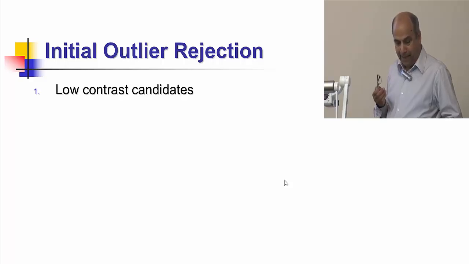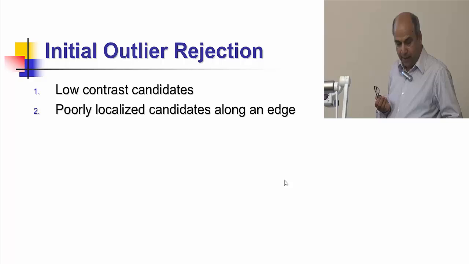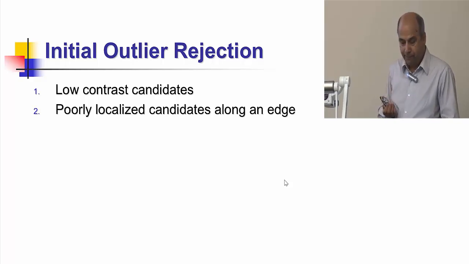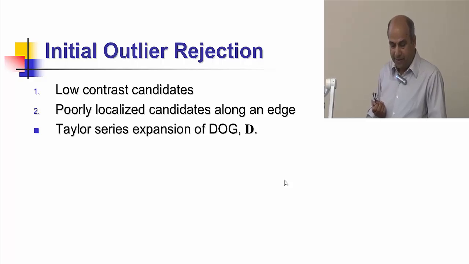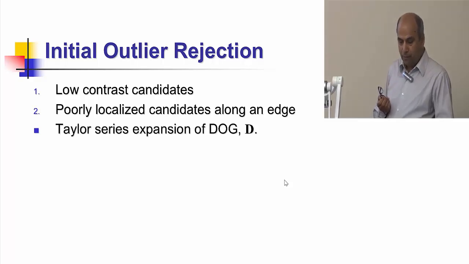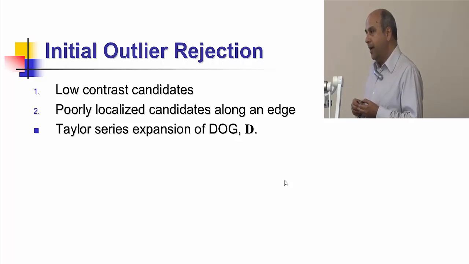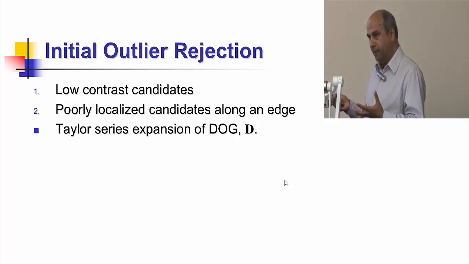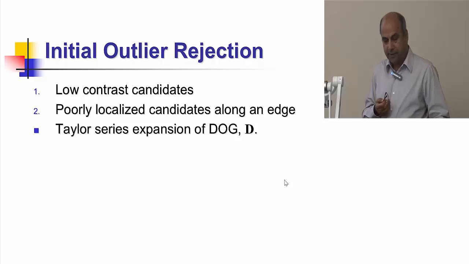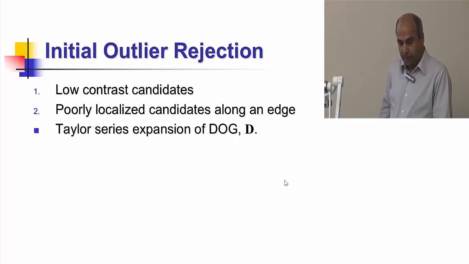They can be due to low contrast, or poorly localized candidates along the edge. To reject the outliers, we are going to use the Taylor series. Remember, we talked about Taylor series before, and this is another application of it.